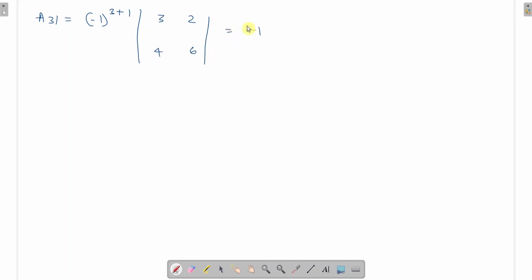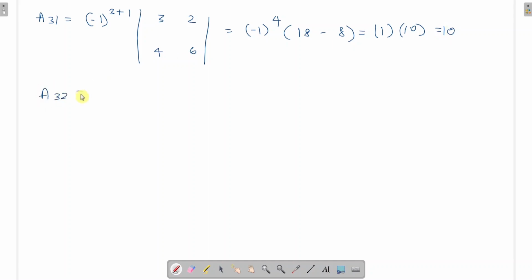So that will be equal to minus 1 raised to 4 times 6 times 3 is 18, minus 4 times 2 is 8. That will be equal to 1, because minus 1 raised to 4 is 1, times 0. Oh, sorry. 18 minus 8 is 10. So we will get 10 here. And so 1 times 10 is 10. So 10 we will get.